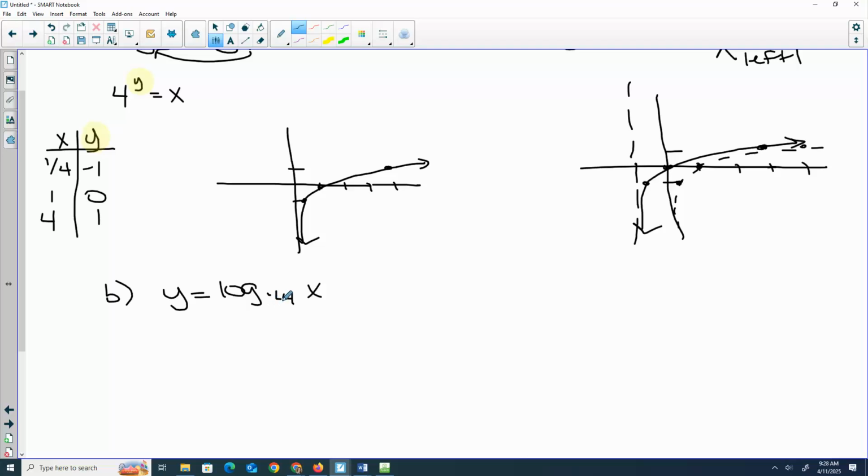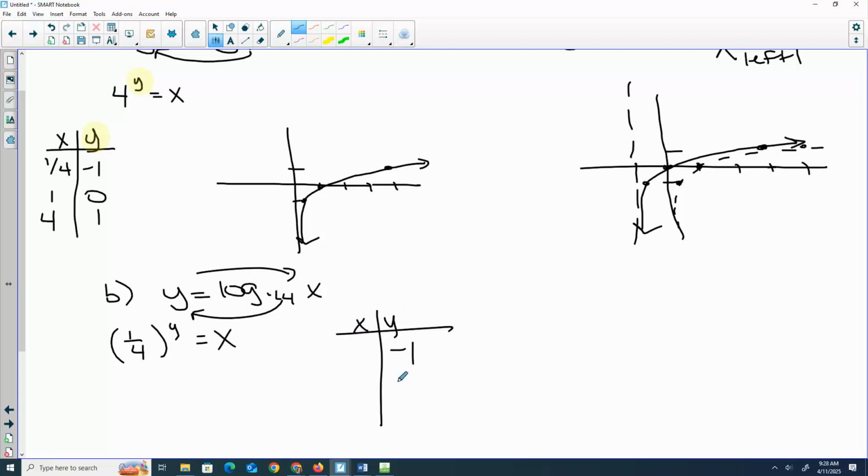So B, we have 1/4 to the y equals x. So -1, 0, and 1 go in for y because it is our exponent. 1/4 to the -1 is 4. 1/4 to the 0 is 1. 1/4 to the first is 1/4.